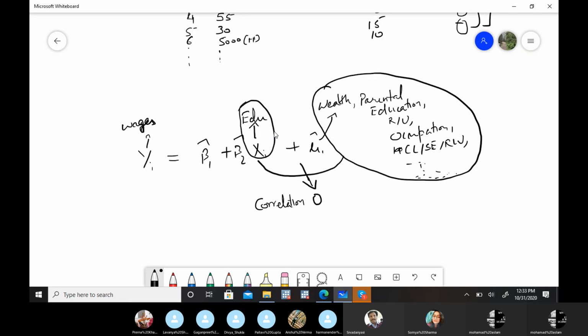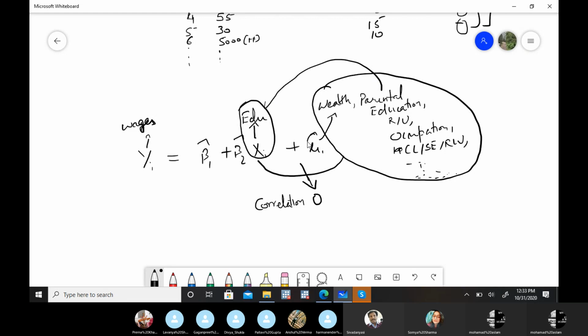Now, if you go individually, you might say there is a relationship between my education and my parental education. If my parents are more educated, definitely they prefer my education. But in that case, you are taking an individual unknown variable. You might compare one individual with another and find some correlation.